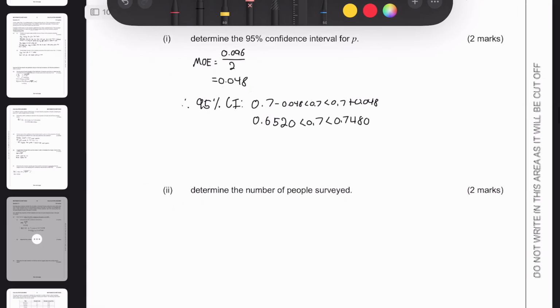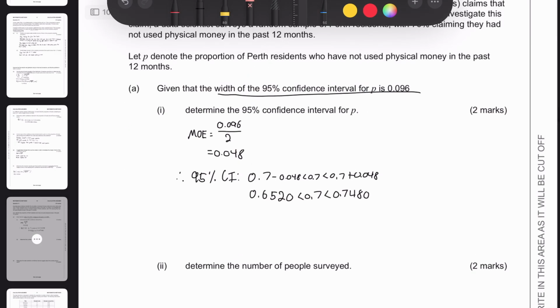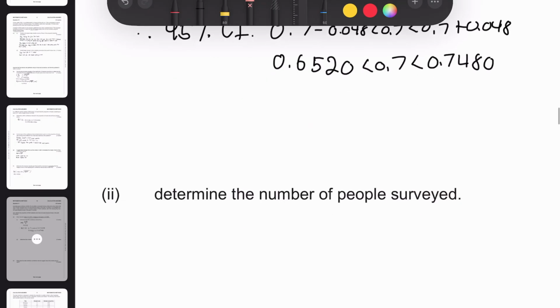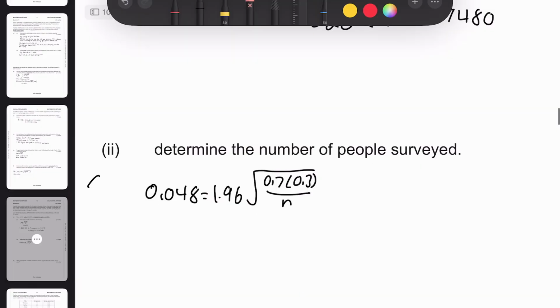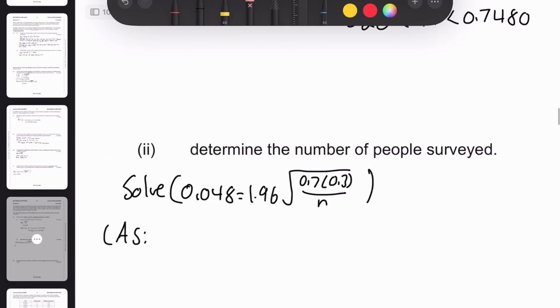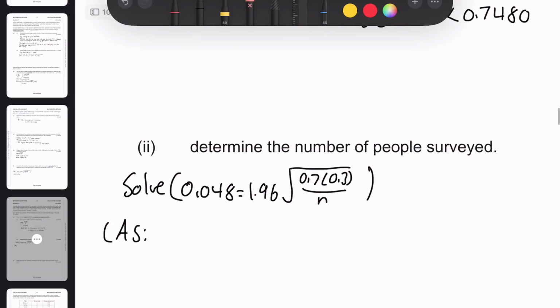Okay, determine the number of people surveyed. So if our margin of error is 0.048, this must be 1.96 times the square root of 0.7 times 0.3 divided by n. So then on CAS, we just want to solve. 0.048 is equal to 1.96 times the square root of 0.7 times 0.3 divided by x.